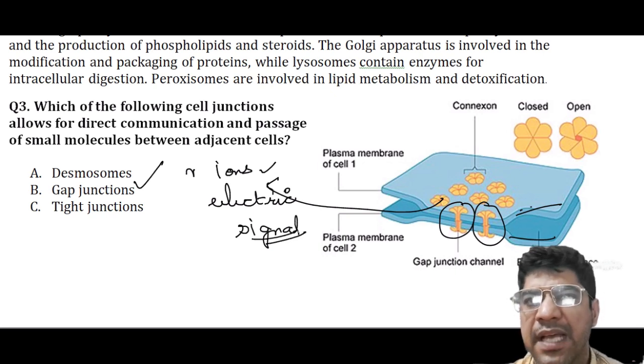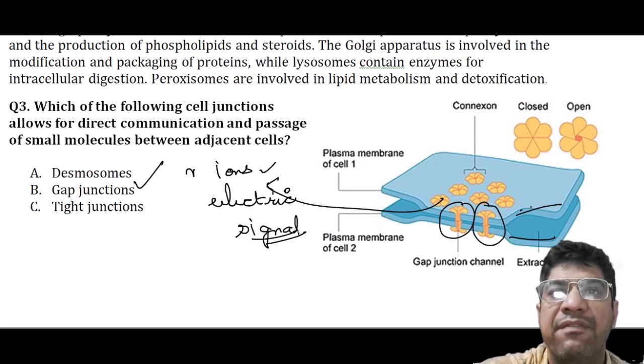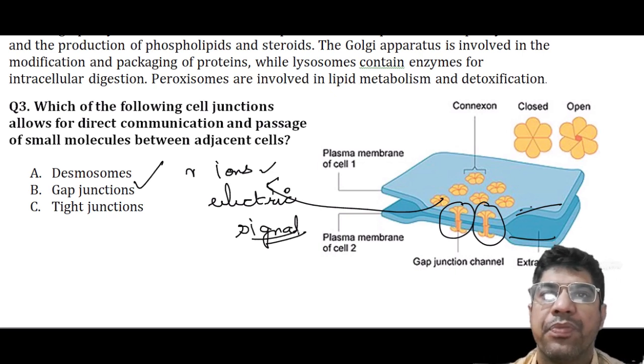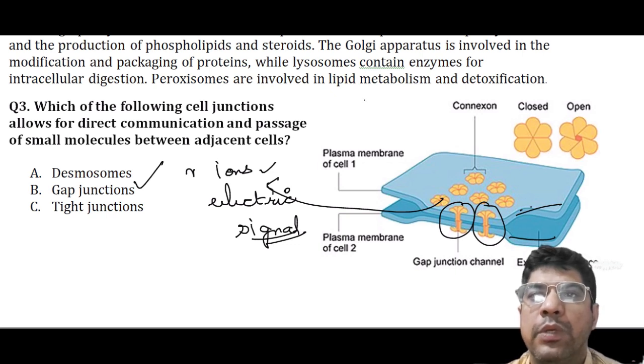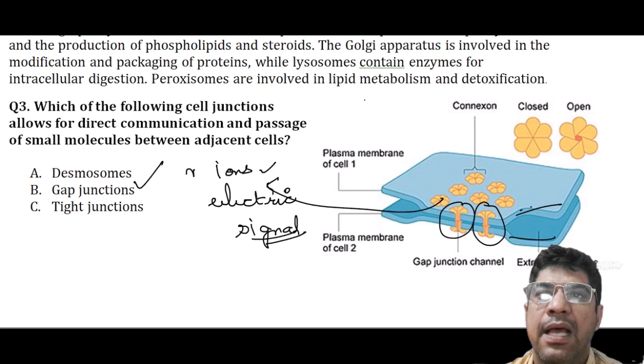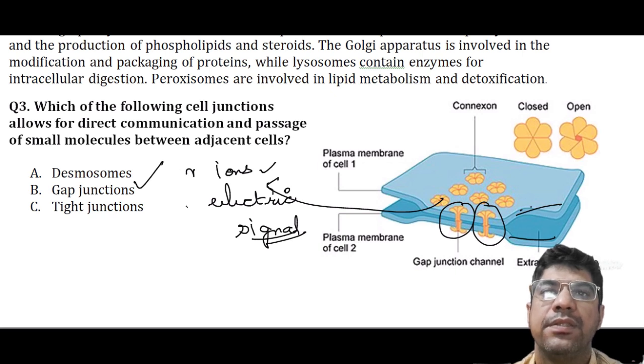Gap junctions are like little tunnels that connect the cells, enabling them to exchange information and coordinate their activities. They are just like cell phones that cells use to talk to each other. They help cells share information, molecules, and even electrical signals.